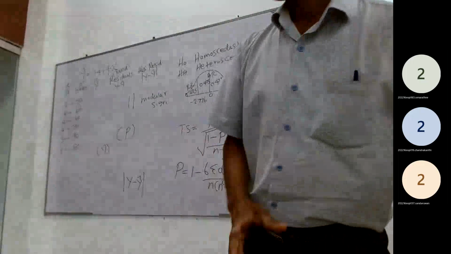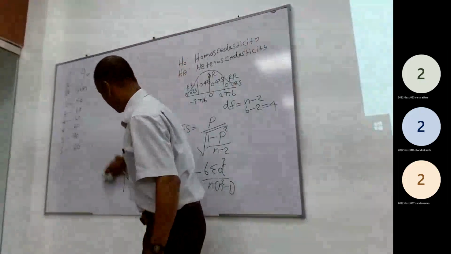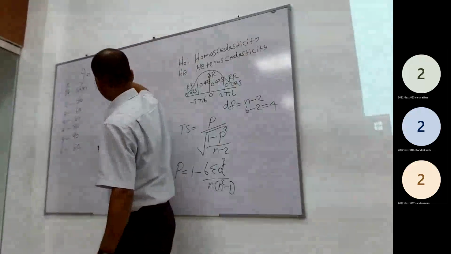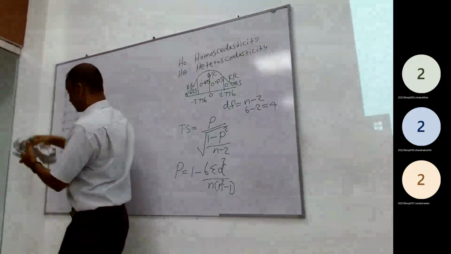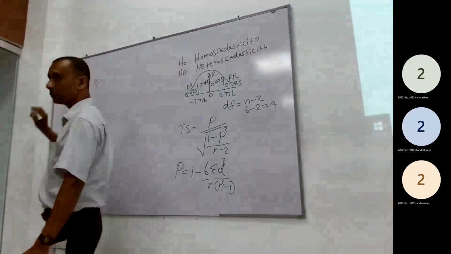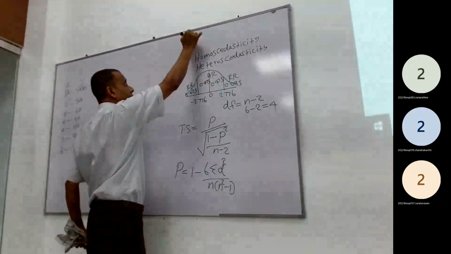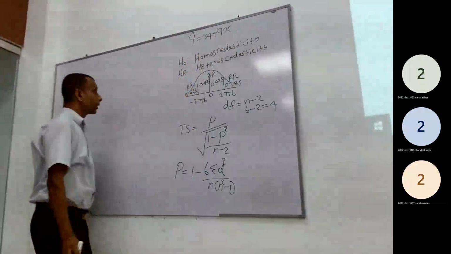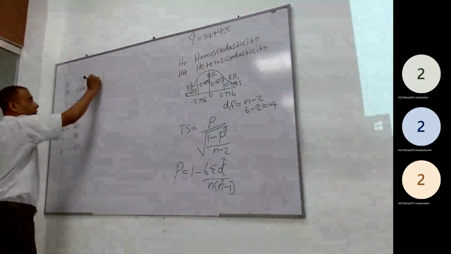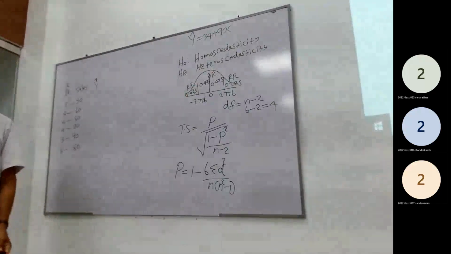Right, with me, take first this one. First take y hat. The model is, I write the model here, y hat equals 34 plus 9x. Now take the y hat column. It is easy, we have done this.